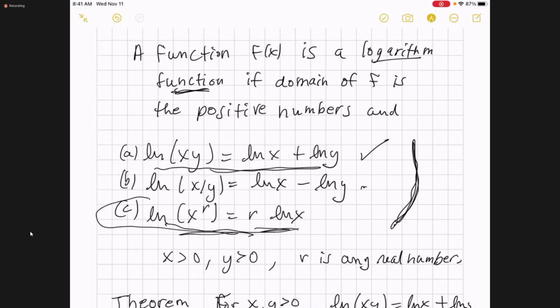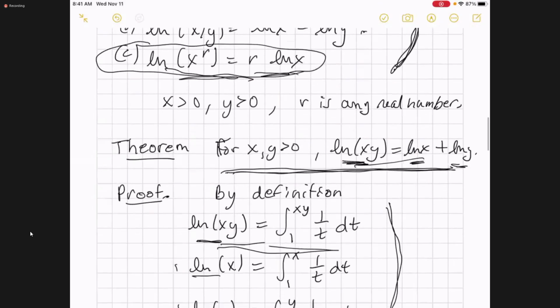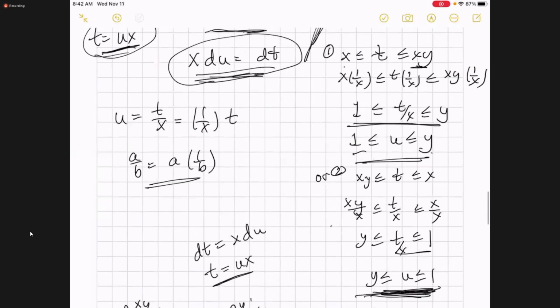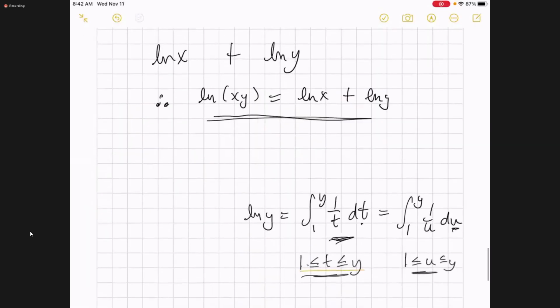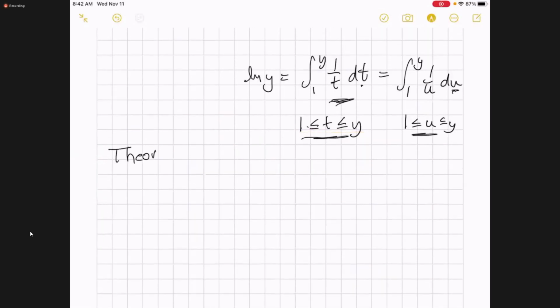All right, let's move on to this. Oh, what time is it? Oh, we're okay. This one, I'm going to prove step by step, at least for the rational numbers. This is another theorem. It's true for all real numbers.